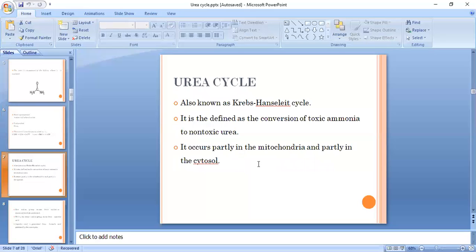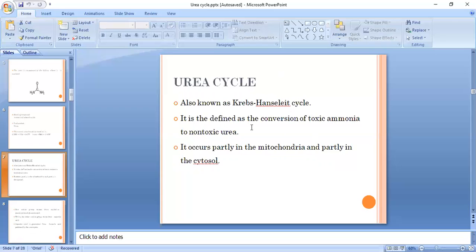We will see how this urea cycle takes place. The urea cycle is also known as the Krebs-Henseleit cycle. In this cycle there is a conversion of toxic ammonia into non-toxic urea. The starting materials are ammonia and carbon dioxide, which require ATP energy to convert into ADP and urea, with water liberation.